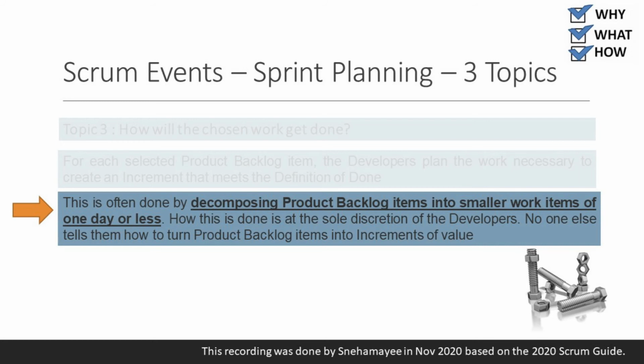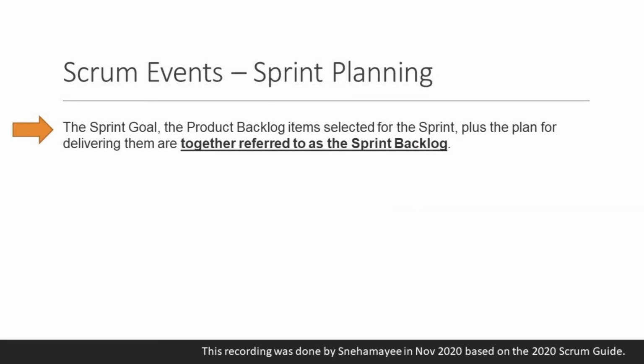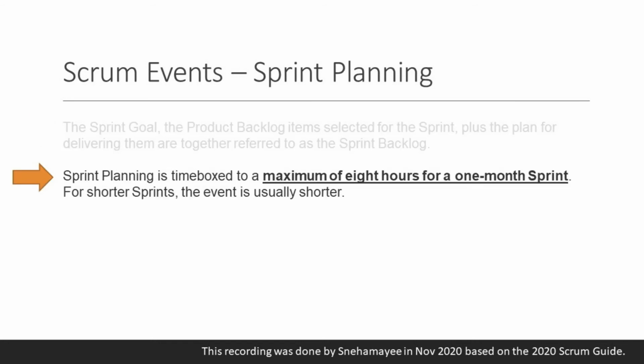How this is done is at the sole discretion of the developers. No one else tells them how to turn product backlog items into increments of value. The sprint goal, the product backlog items selected for the sprints, plus the plan for delivering them are together referred to as the sprint backlog.